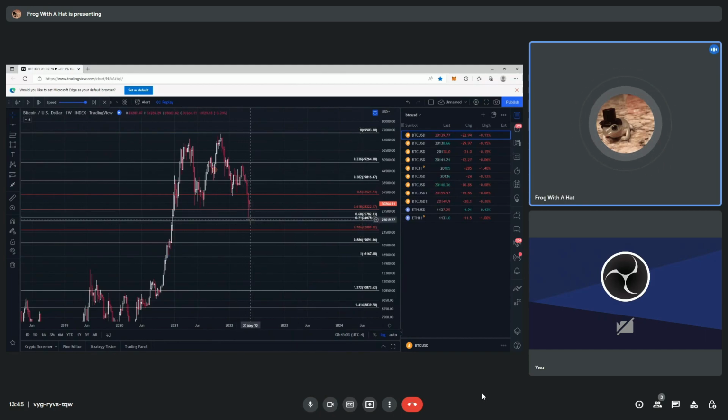I personally used it recently, and I had an order set for Bitcoin at this area right here, and I actually bought it, and I sold right on the bounce over the 0.618. So usually the buying happens right here, and this is for reversing the trend. So you see how it bounces off and went straight back up.